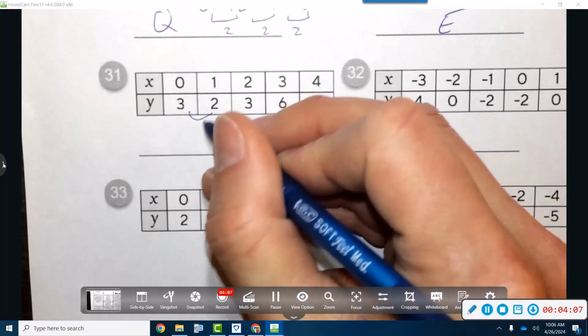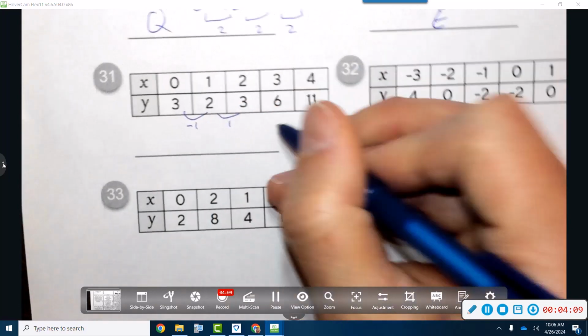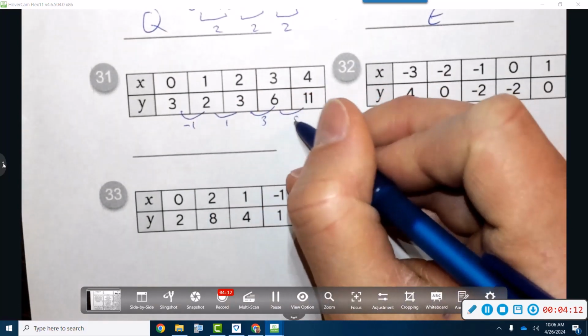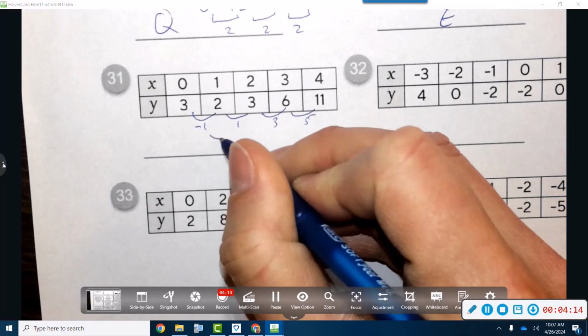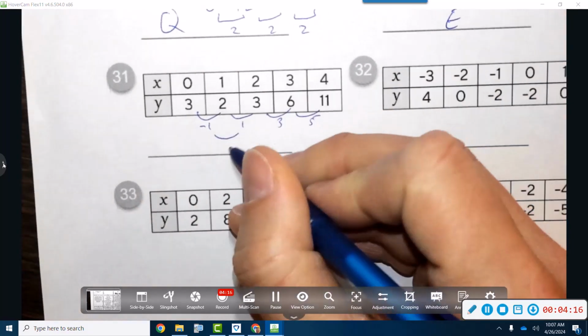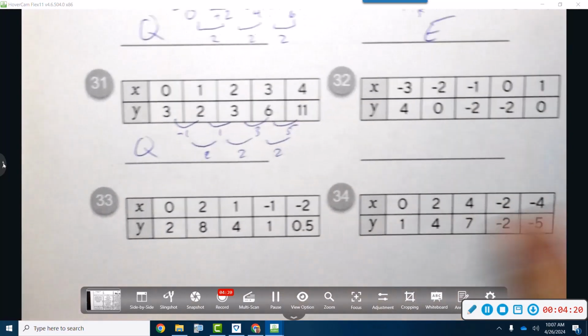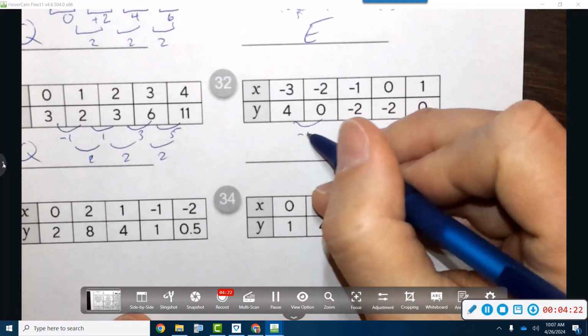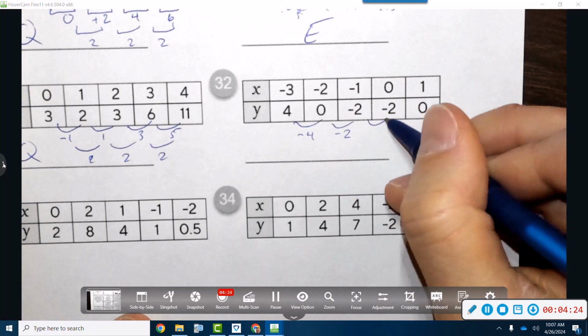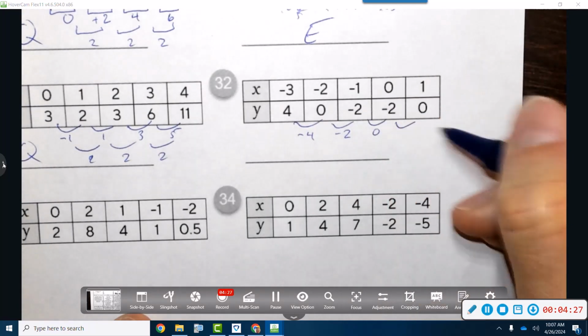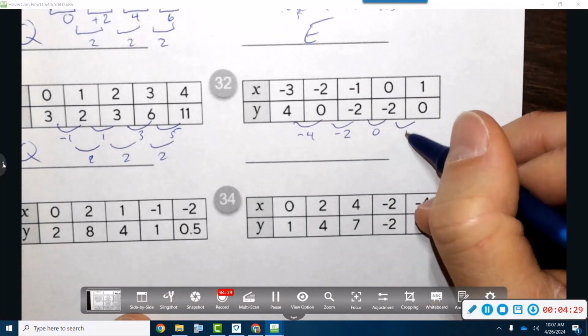This one is down 1, up 3, up 5. So the difference between these two is 2, 2, and 2. That's a quadratic. This guy is down 4, down 2, down 0, and then up 2.